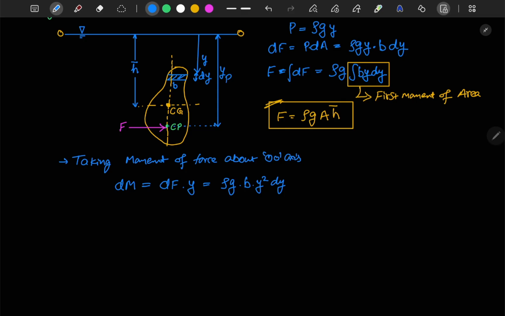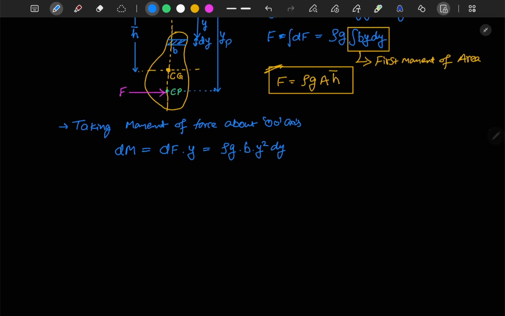Okay, and if I integrate this, I will get moment M is equal to integration of dF y, which will be equal to rho g times integration of b y square dy, that is y square dA.